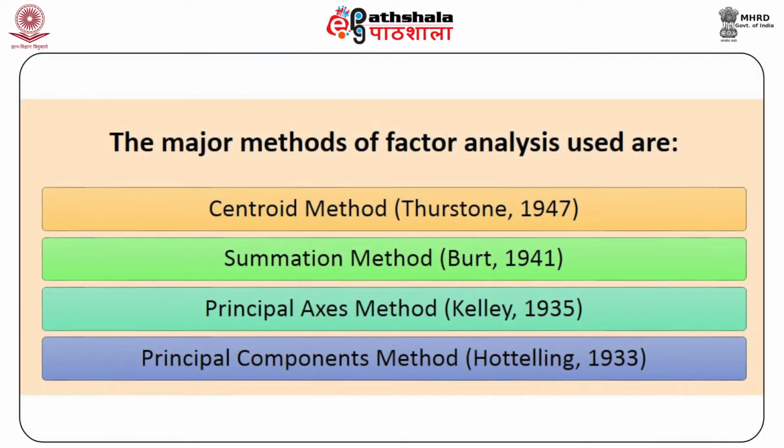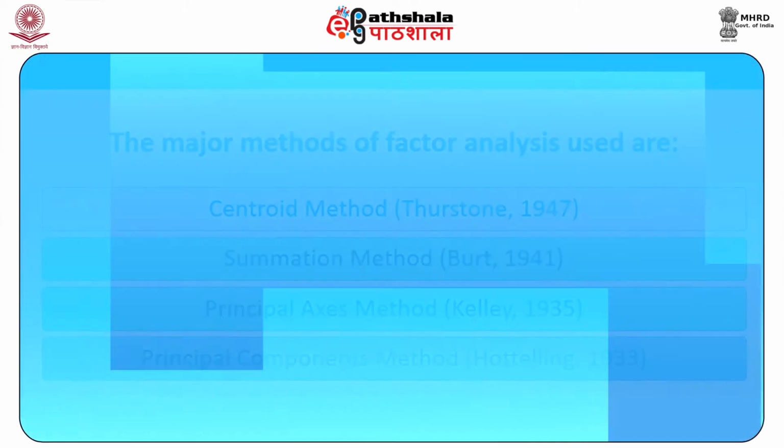The major methods popularly adopted for factor analysis are the centroid method, developed by Thurstone in 1947, the summation method developed by Burt in 1941, the principal axis method developed by Kelley in 1935, and the principal components method developed by Hotelling in 1933. For extraction of factors, the basic data required is the correlation matrix.